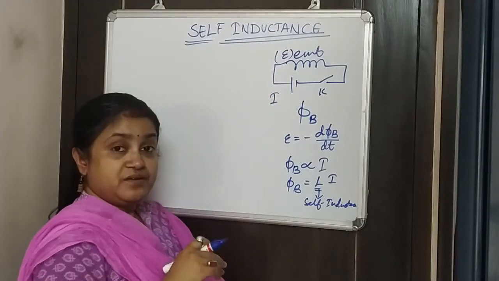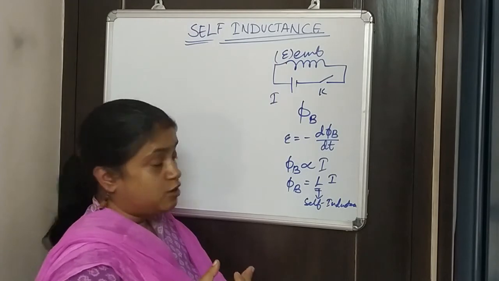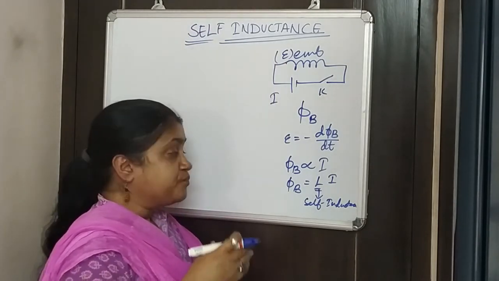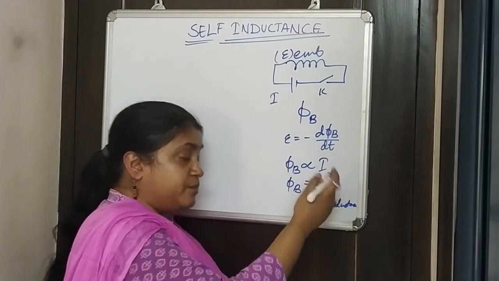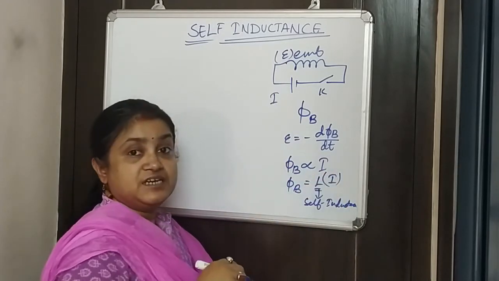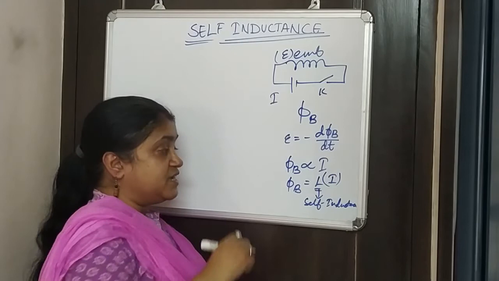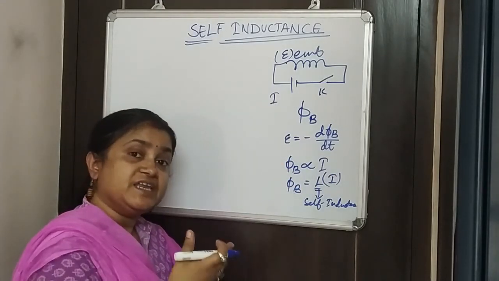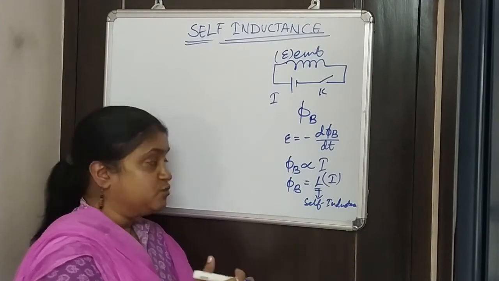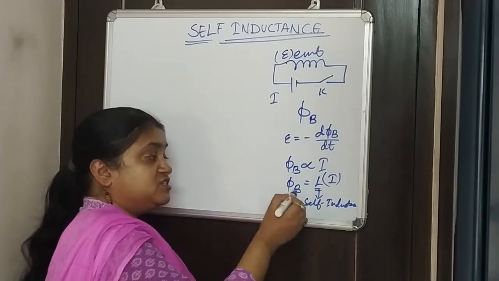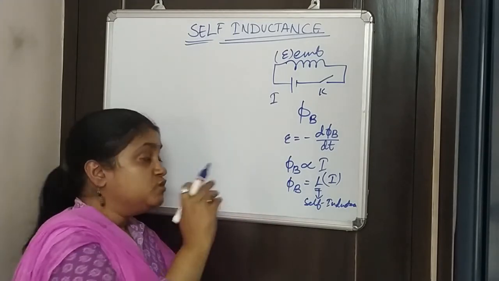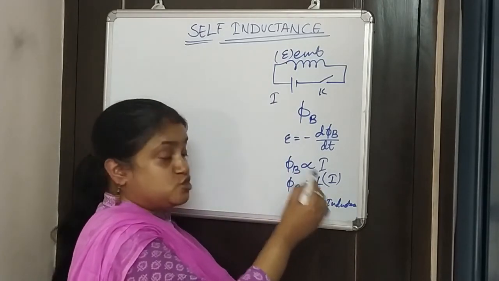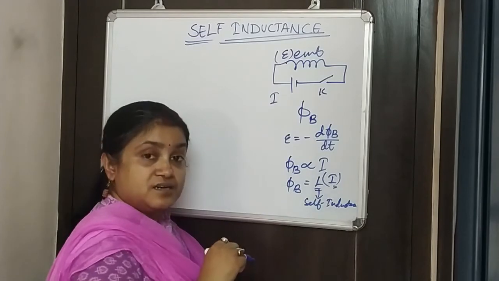Now this EMF, as per Lenz's law, would try to stop the change in current. It means that it would try to stop further producing any EMF, which means it would try to stop the change of the magnetic flux, which in turn means it would try to stop the change in current.